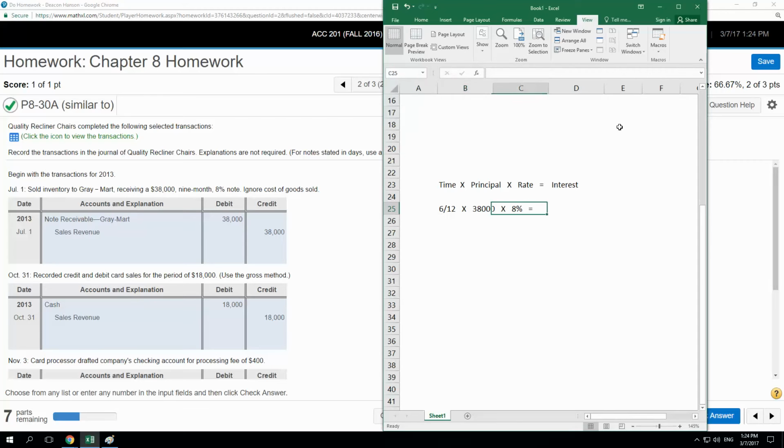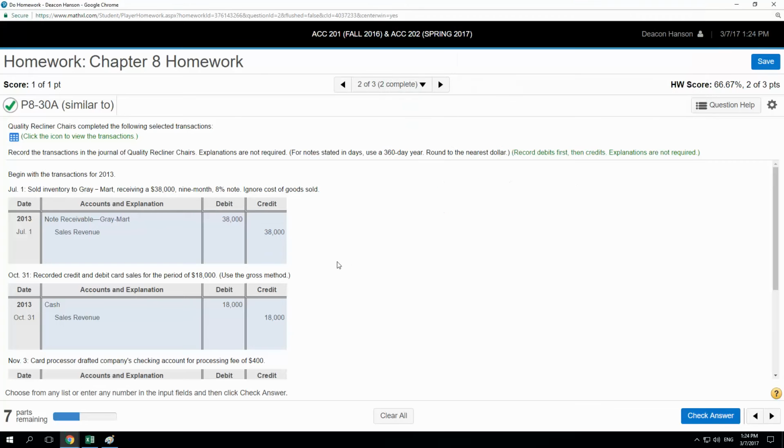Okay? So if we do that math, 6 over 12 is a half, right? And a half of 8% is 4%. So technically, you could really break it down real quickly in your head. 4% times 38,000. So the interest is going to be 1,520.